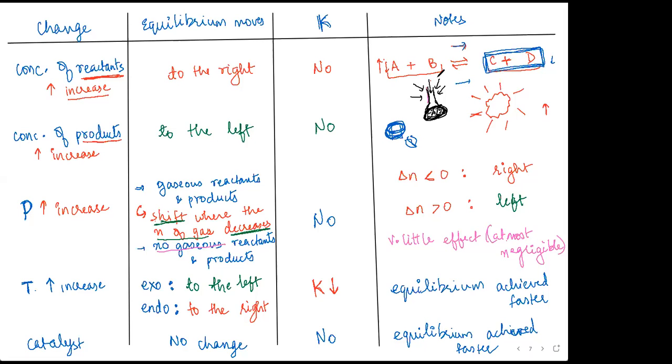Then you can come back and take away the products so that you can continue the reaction in the forward direction. So that's the main application of Le Chatelier's principle. These are the different factors you can manipulate from your side, so that you can control which direction and how much of the reaction will keep taking place.